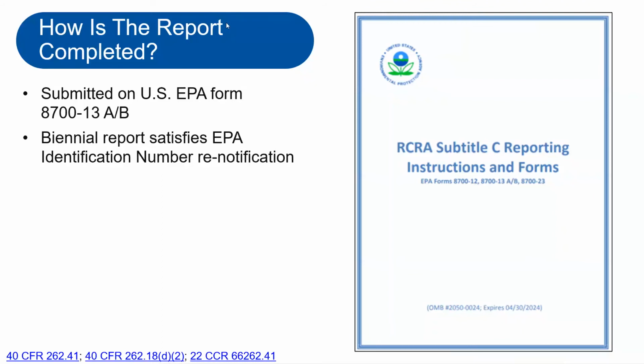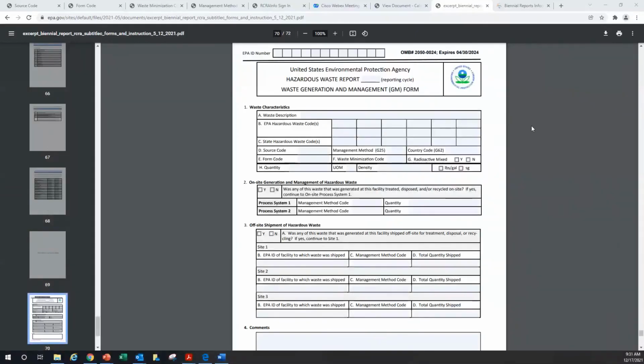Now, EPA, the US EPA at their website, they do provide a copy of EPA Form 8700-13A. This report has 72 pages.